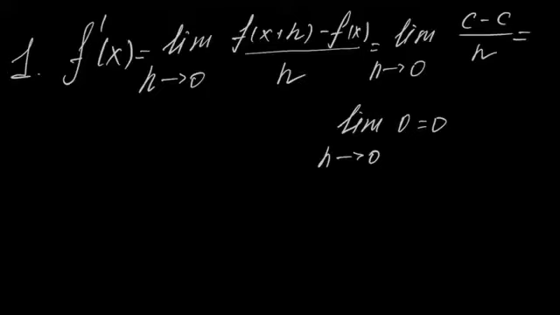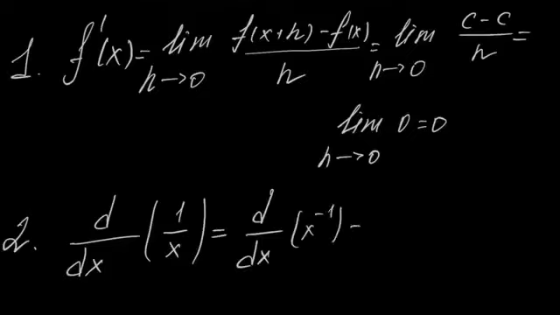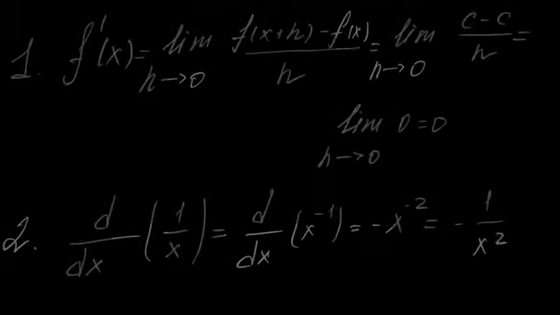The second, derivative of 1 over x. The proof recalls from section 3.1 that the derivative of 1 over x with respect to x is negative 1 over x squared. This is also expressed using the power of x as the derivative with respect to x of 1 over x is the derivative with respect to x of x to the power of negative 1, which is negative x to the power of negative 2.